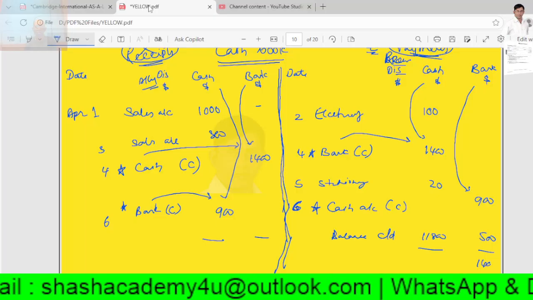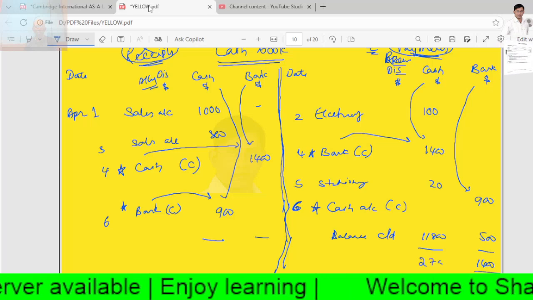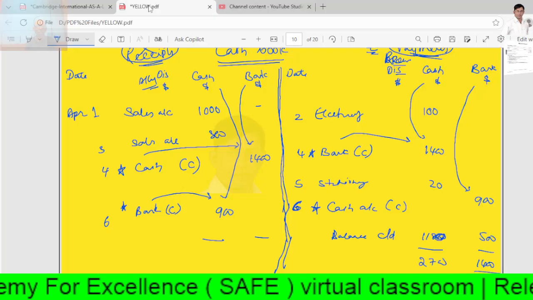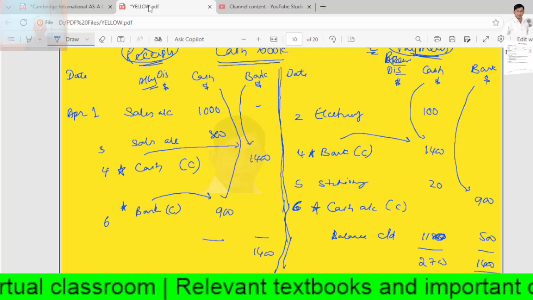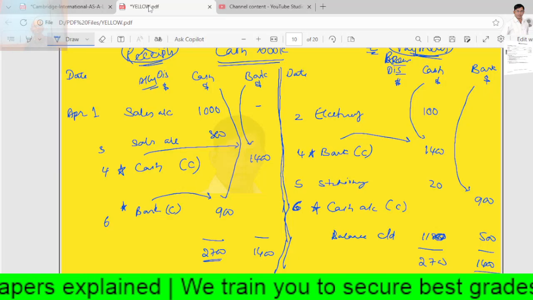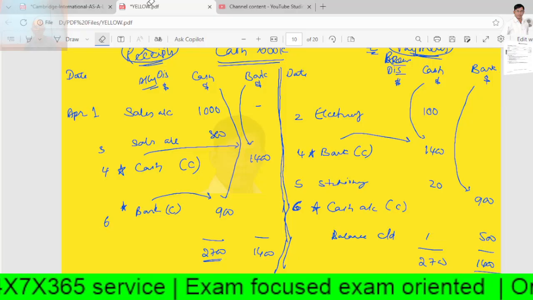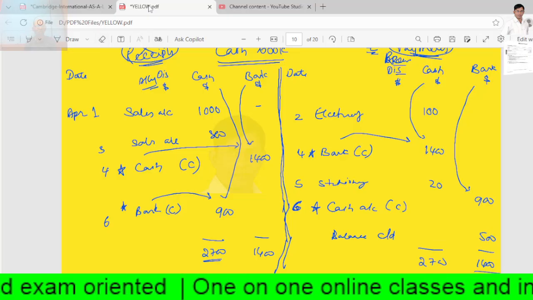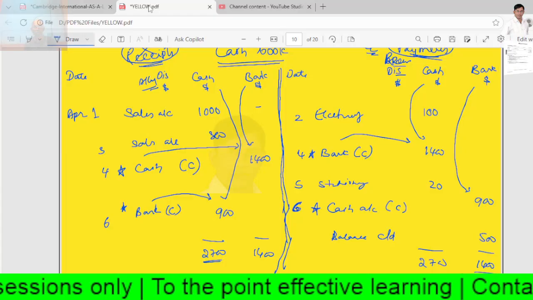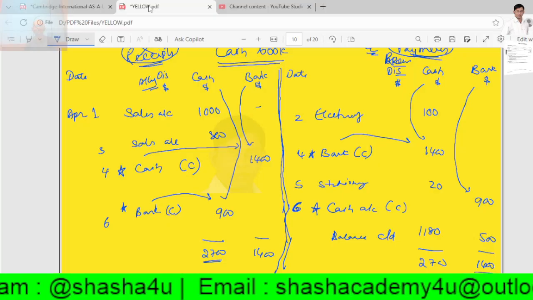Here it is 1400, and here it is 2700. 1180 added to the rest should be 2700.